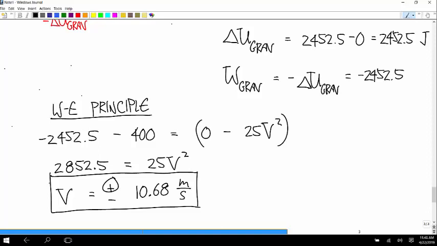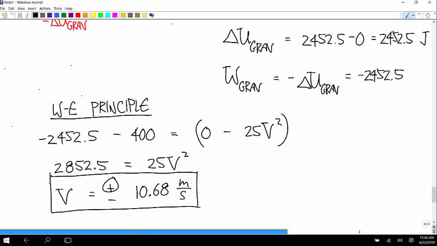Any questions about that transition between conservation of mechanical energy and the work energy principle? So you can use the potential energy in both of them, because in the work energy principle, the difference in potential energy is still the easiest way to calculate the work done by your conservative forces.